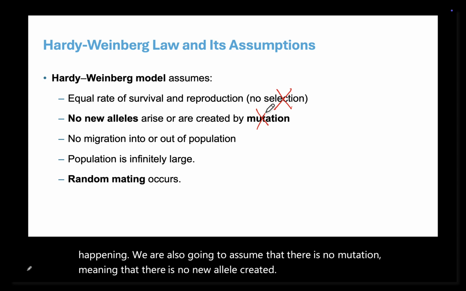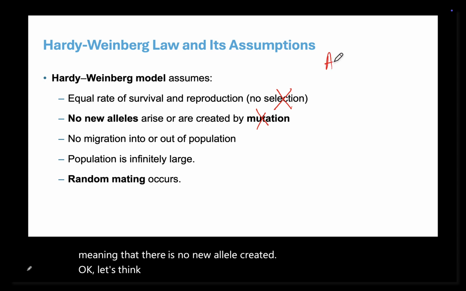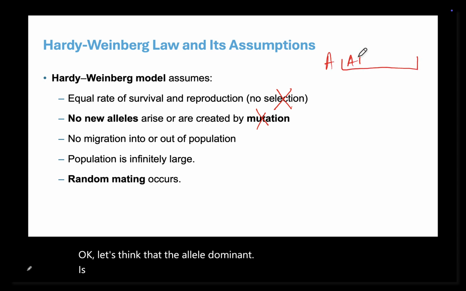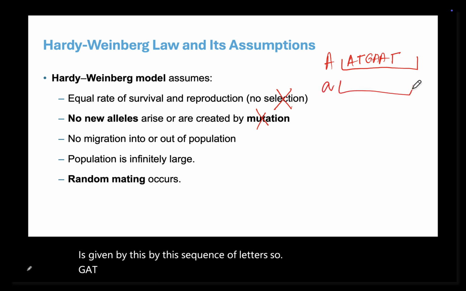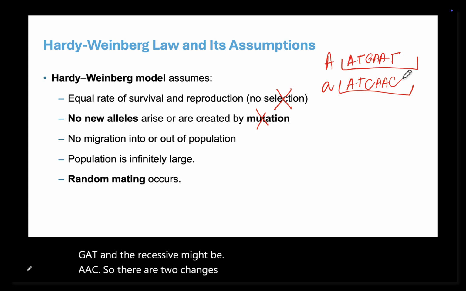Okay, let's think that the dominant allele is given by this sequence of letters, G, A, T, and the recessive might be A, T, C, A, C. So there are two changes here.